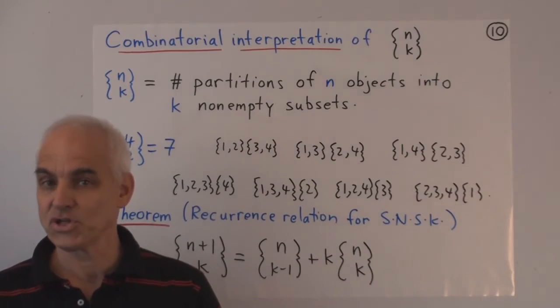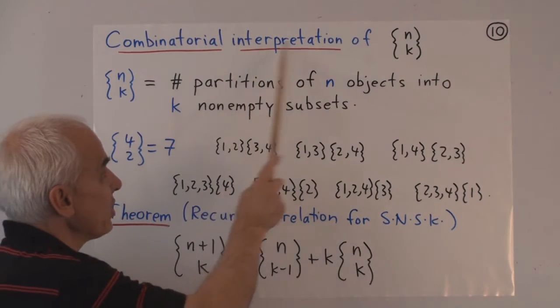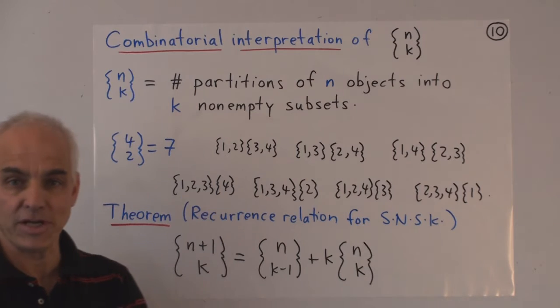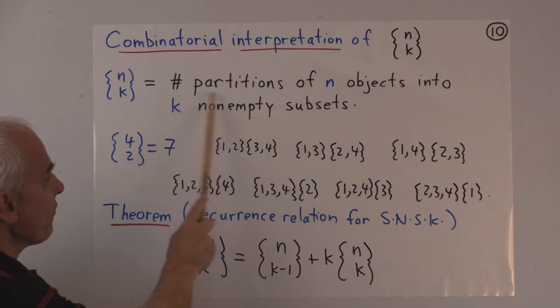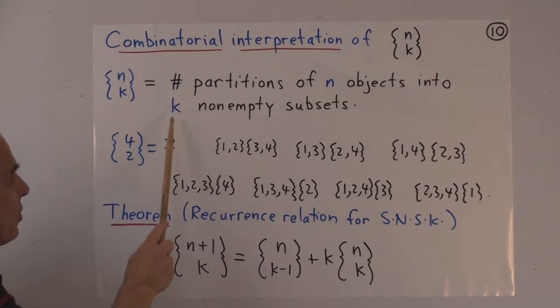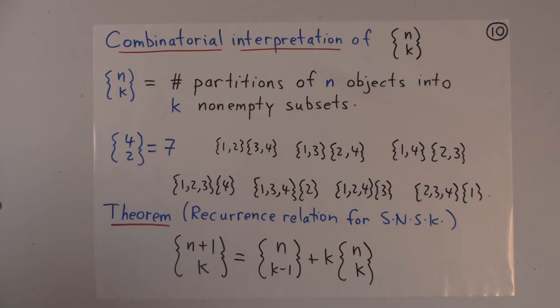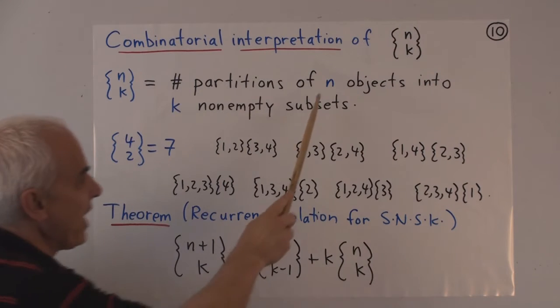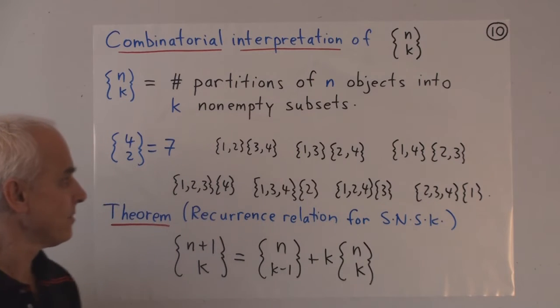And just as for the Stirling numbers of the first kind, there was a combinatorial interpretation, we also have one for these Stirling numbers of the second kind. N brace k turns out to be the number of partitions of n objects into k non-empty subsets. Well, what does that mean? We'll think of the n objects as being the numbers from 1 to n.